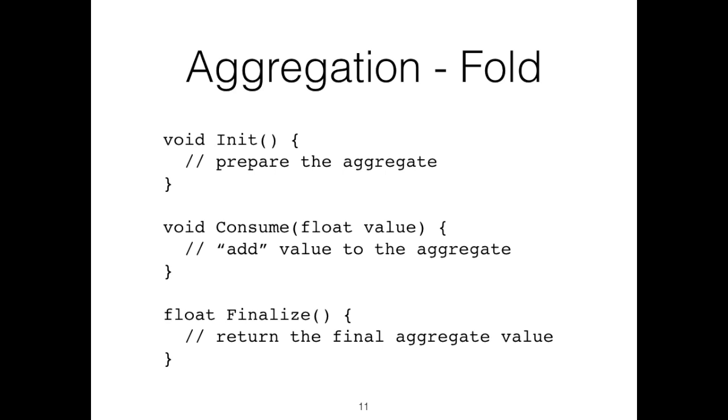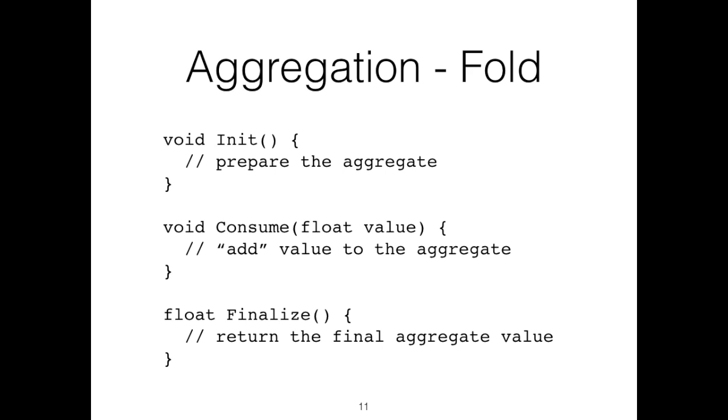So for example, for sum, what do I do for init? Initialize everything to 0. What do I do for consume? Come on, you just said this. Take in the tuple, you put it into the counter.